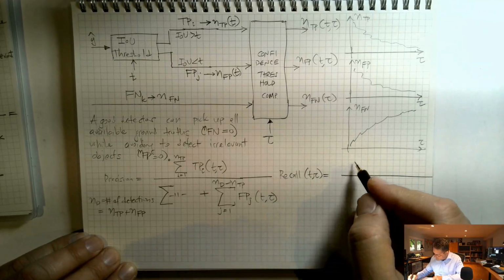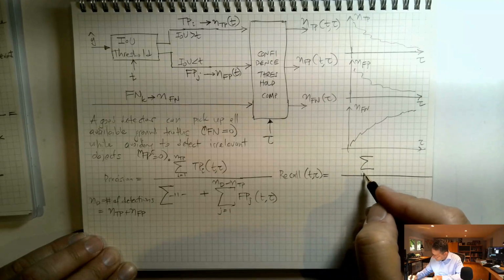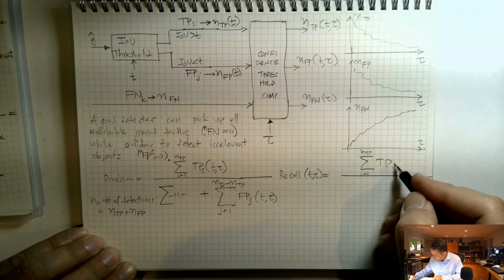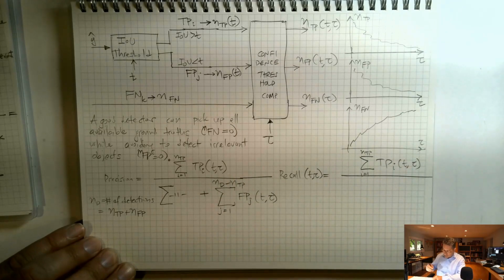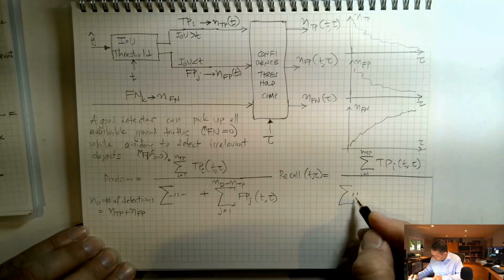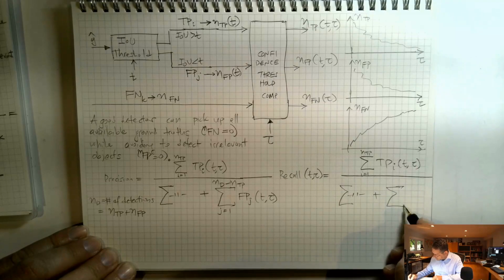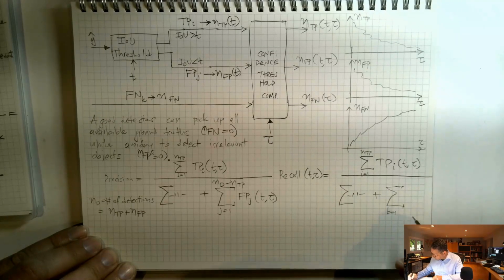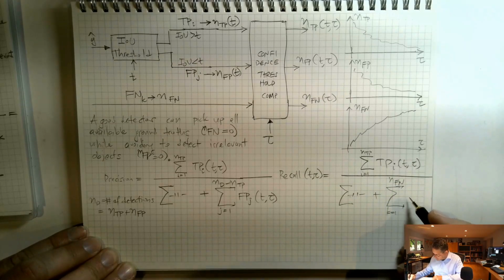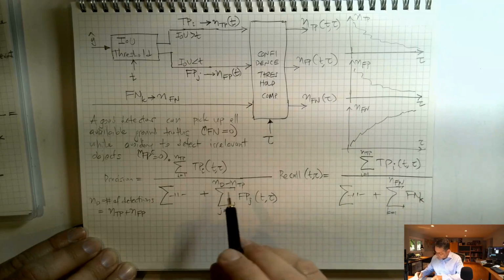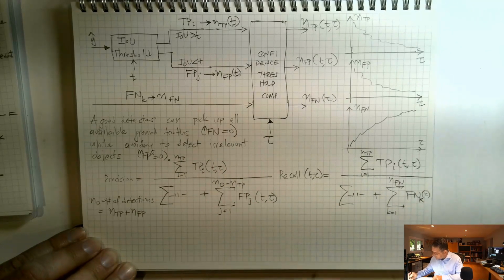This other ratio is going to have the same numerator as I have seen earlier, plus the sum from k equal to 1 to NFN of the false negative events, the false negative event of k. This false negative event is a function of only the tau. Okay.